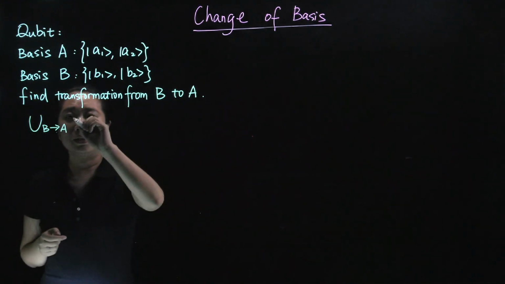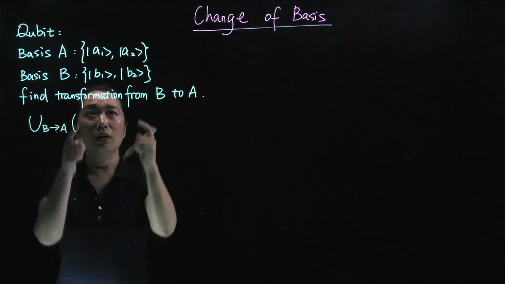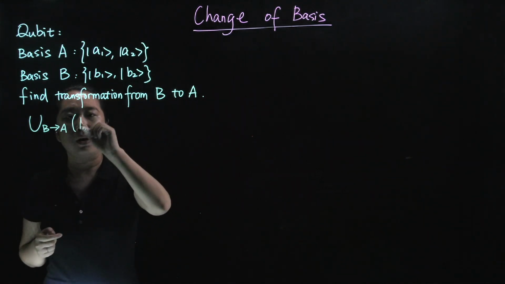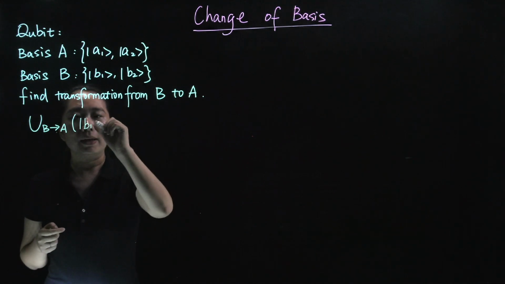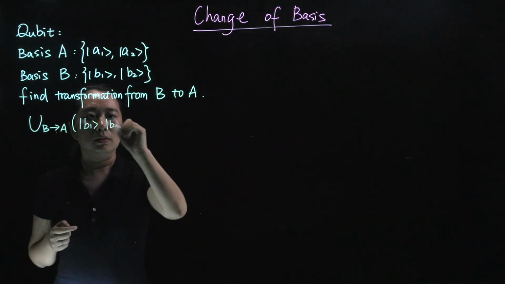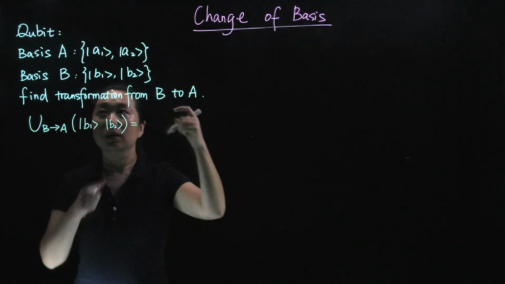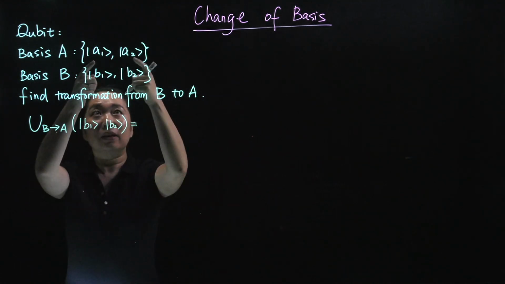when this operator acts on the row of states in the B basis, that is, it acts on the row of ket B1, ket B2, it should give us the row of states in the A basis.